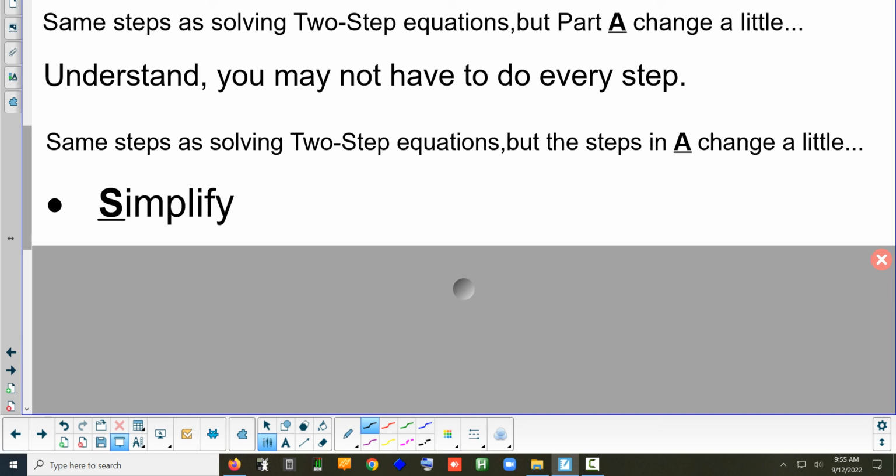Okay, simplify. What are the 2 things that we do under simplify? What's the first one? Remember, how about Dorian? You remember the first thing we do under simplify? Adding like terms. Okay, there is adding like terms under simplify, but that's the second thing. Yes.